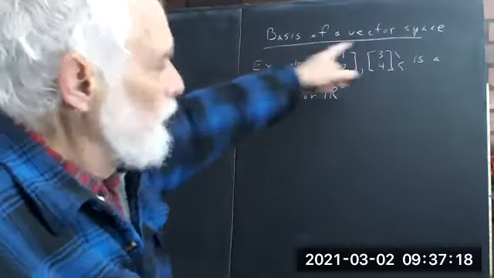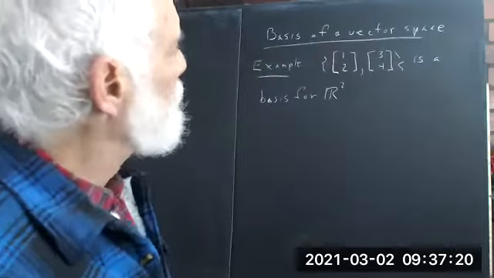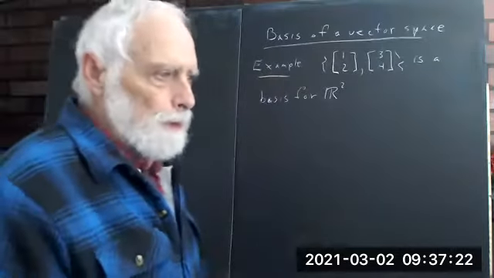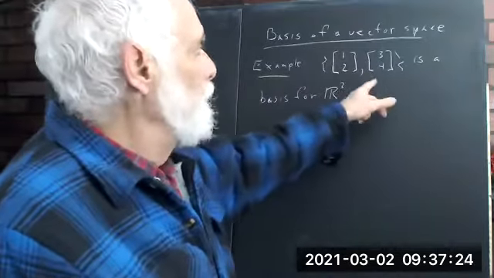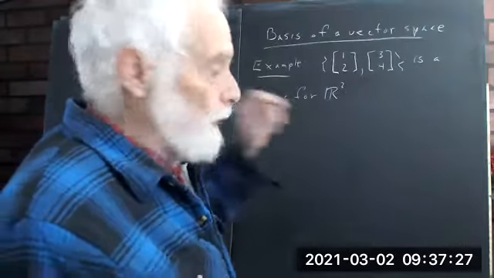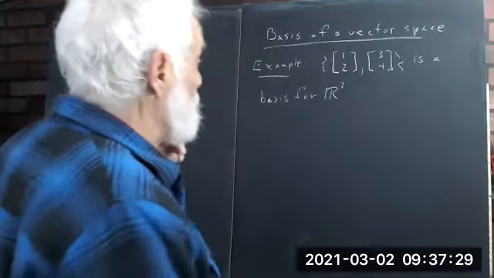Okay, I want to look at the idea of a basis of a vector space. I'm just going to start out with a very simple example. The set (1, 2), (3, 4) is a basis for R2. Why is this?